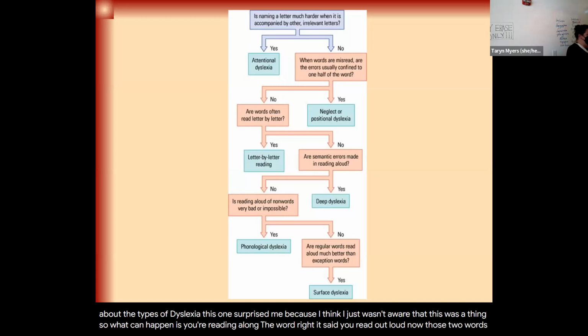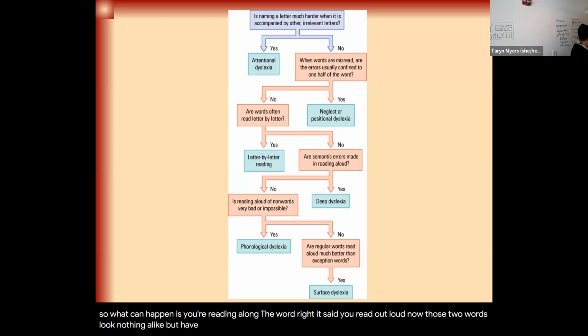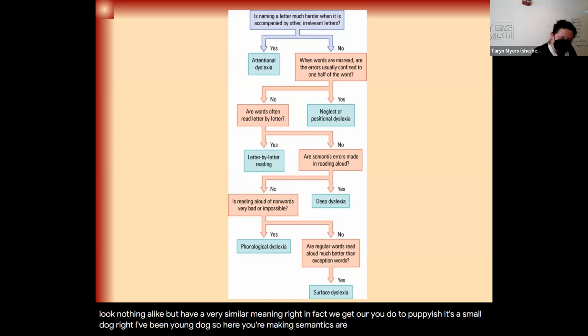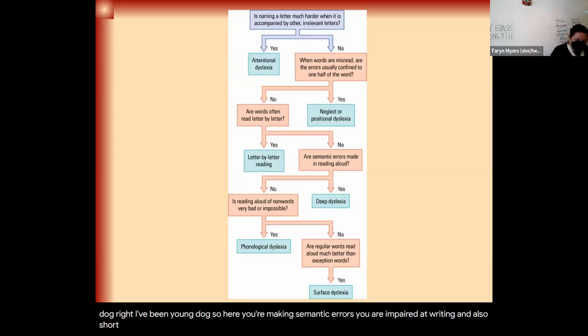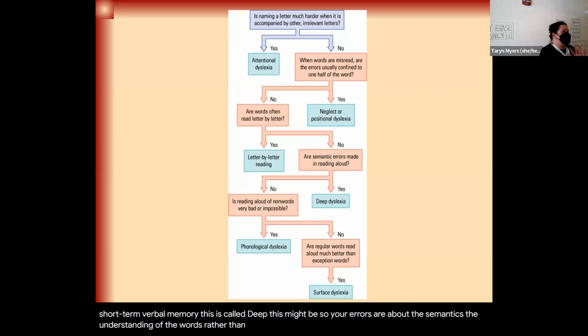Now those two words look nothing alike, but have a very similar meaning, right? In fact, we could argue that a puppy is just a small dog, a young dog. So here you're making semantic errors. You are impaired at writing and also short-term verbal memory. This is called deep dyslexia. So your errors are about the semantics, the understanding of the words, rather than letters feeling like they're reversed.